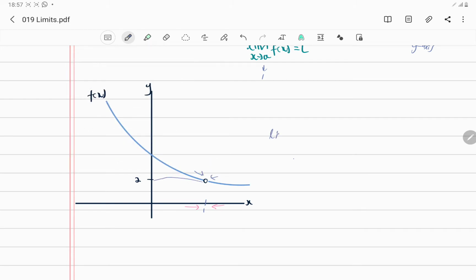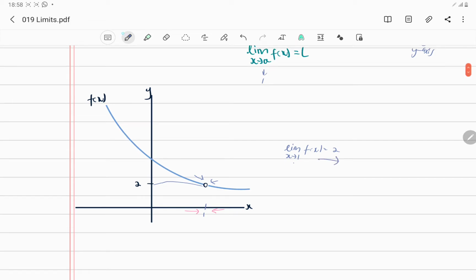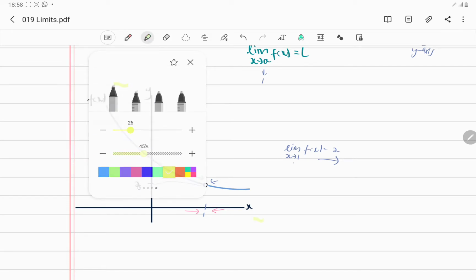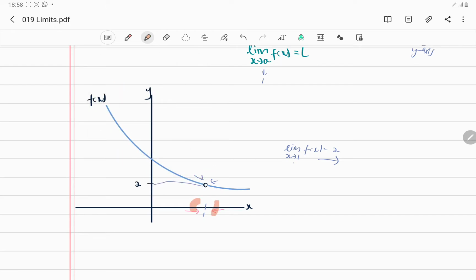Then we write the limit as x approaches 1 of f of x is equal to 2. That's our answer. That's basically the limit of this function at a particular open interval. Note that this has to be an open interval and it will be shown like this, open interval.